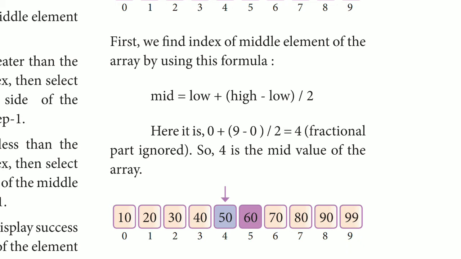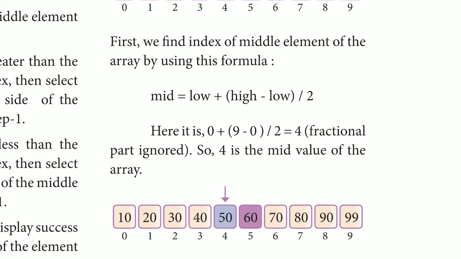Okay, so now the search element is 60 and the middle element is 50. You can see that 60 is greater than 50, so it will move on to the right side of it. Since the array is sorted, it will move on to the right side of the middle element.